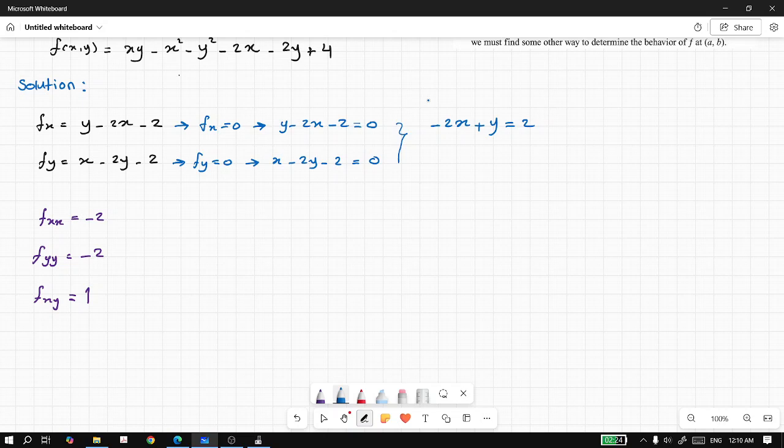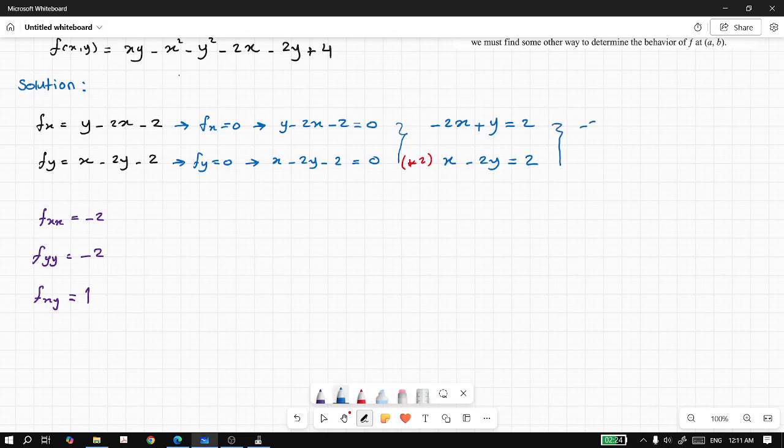And in the second equation, I have got x minus 2y, that's equal to 2 again. So I can multiply this equation by 2 using elimination method. What do I get as a result of those two?